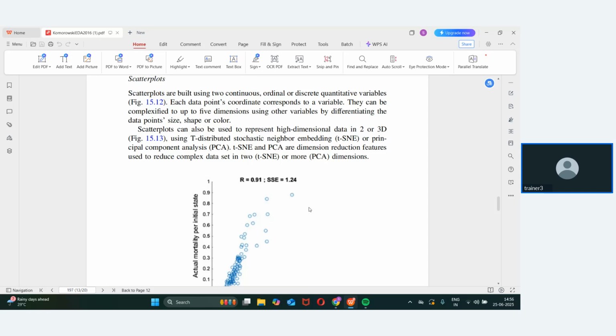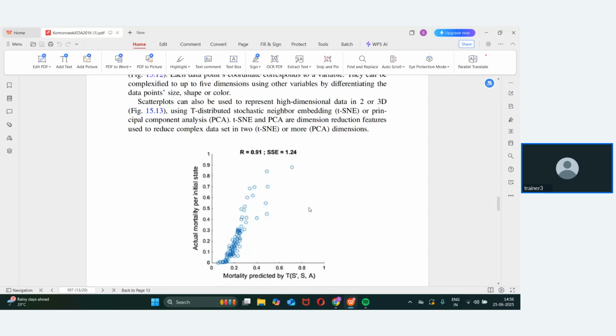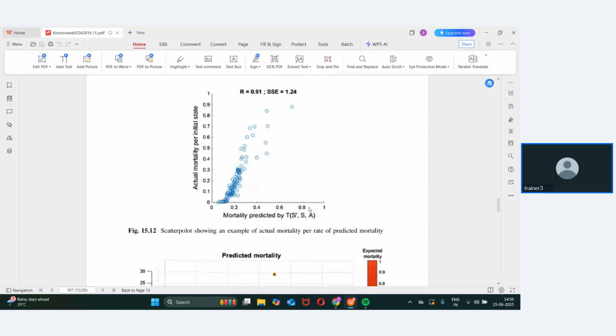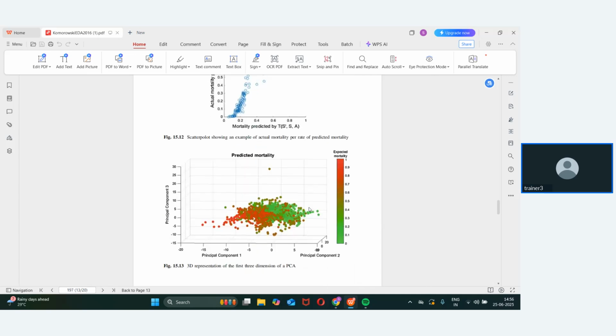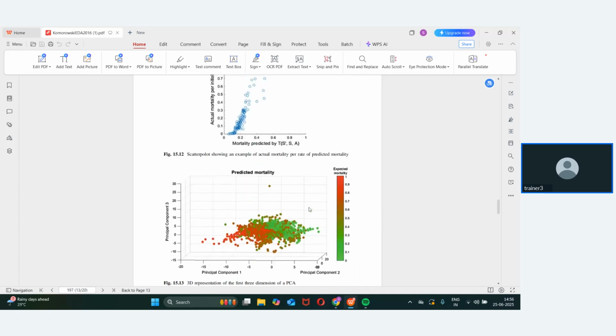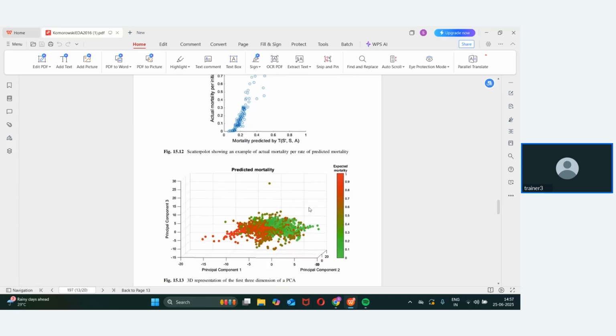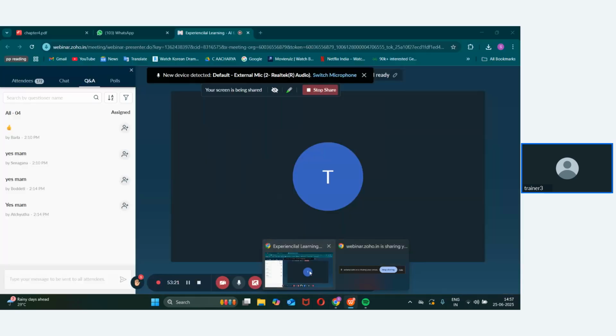They can be classified into 5 dimensions: the data point size, shape, color, and etc. They can also be used to represent high dimensional data, that is 2D or 3D data. So this is an example of a scatter plot. Have a look at them for some time.